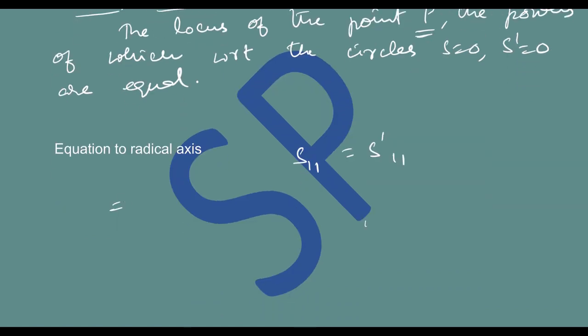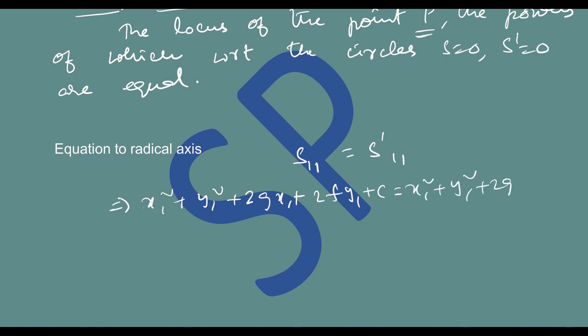What does it mean? It means that it is x1 square plus y1 square plus 2gx1 plus 2fy1 plus c is equal to x1 square plus y1 square plus 2g dash x1 plus 2f dash y1 plus c dash.